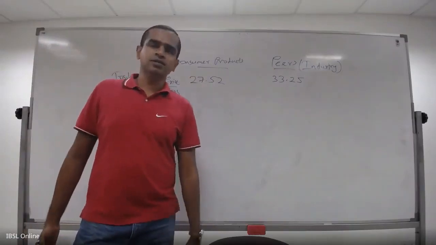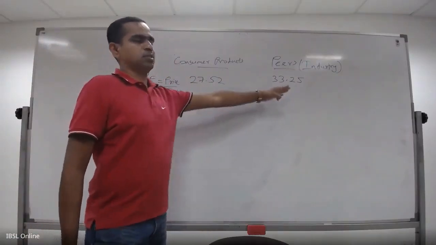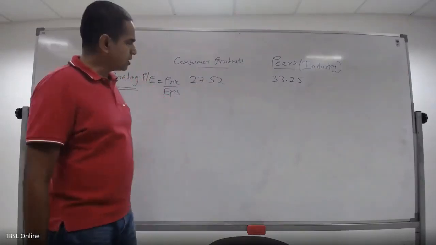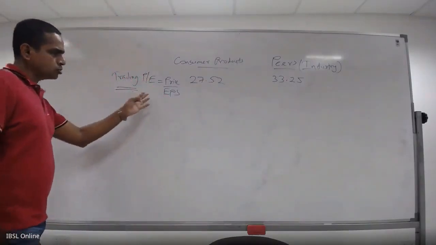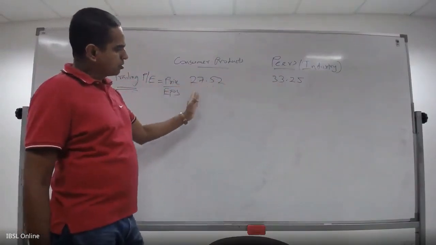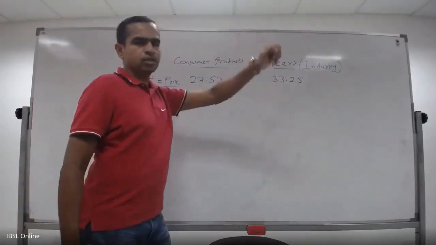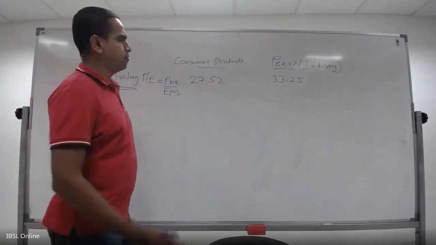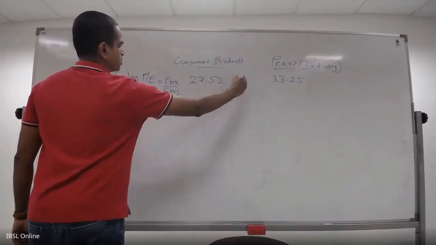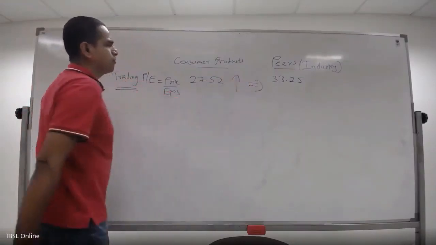There is nothing very special about the industry. Consumer product is just as good. If that is the case, the PE ratio should be in line with the industry. Which means it is now 27.52 and it has to increase to 33.25. So it has to go up.